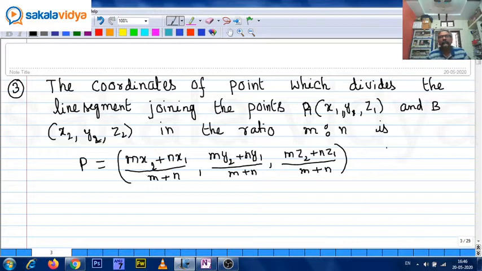Here m does not equal to minus n. You remember this condition. Actually we name it as section formula. This is called section formula.